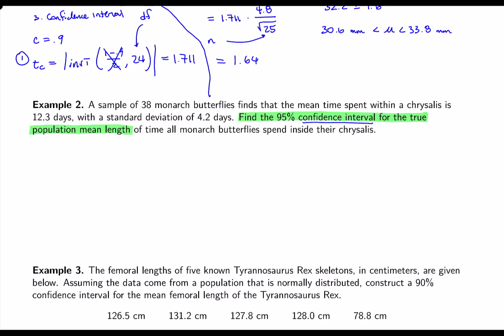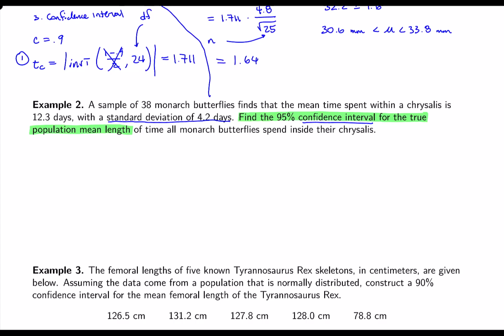Now we'll have to choose then if we're going to use a normal distribution or a t-distribution. So we look to the standard deviation. All right, so this standard deviation right here, we have this sample of 38 monarch butterflies, and that sample finds the mean is 12.3 with a standard deviation of 4.2.